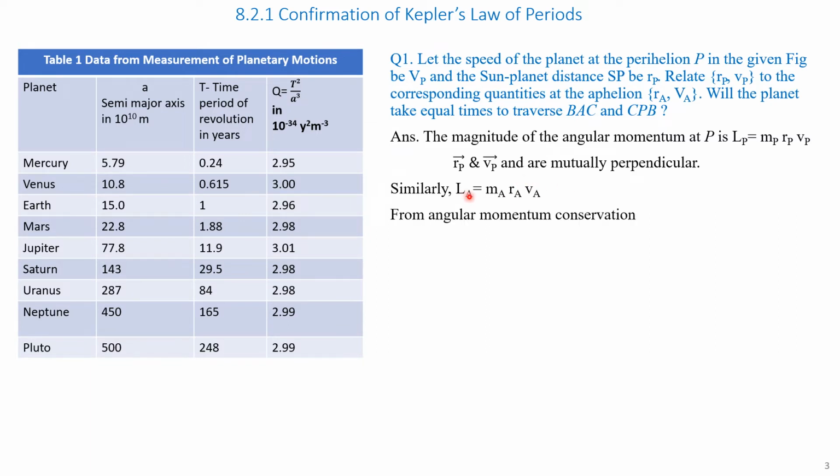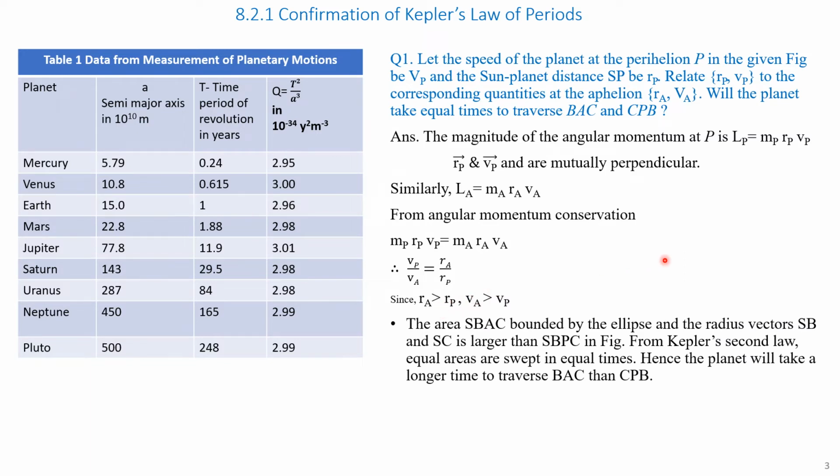Similarly, La, the angular momentum at point A, equals m times Ra times Va. Therefore, from angular momentum conservation, m Rp Vp is equal to m Ra Va. Rearranging, Vp by Va is equal to Ra by Rp, because mass is the same.